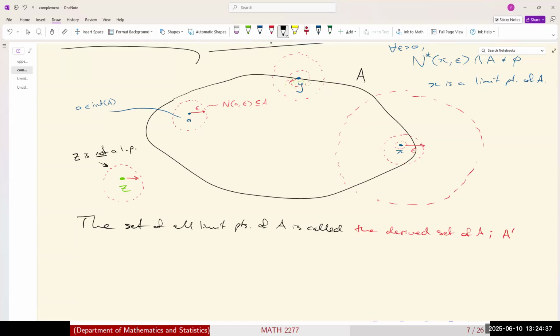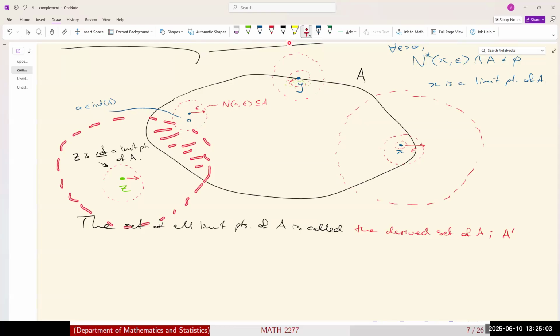It's not a limit point of A. Why is it not a limit point of A? Yes, I know if I take a neighborhood this big, then okay, look, I have points of A in here, that's fine.